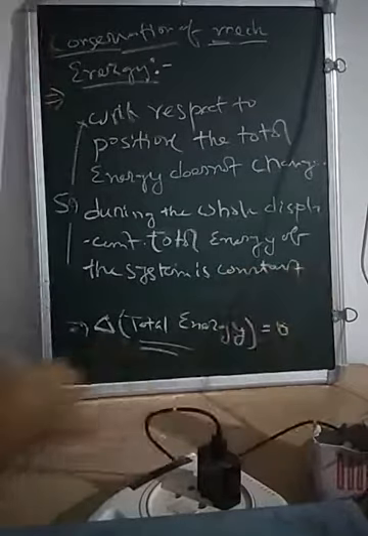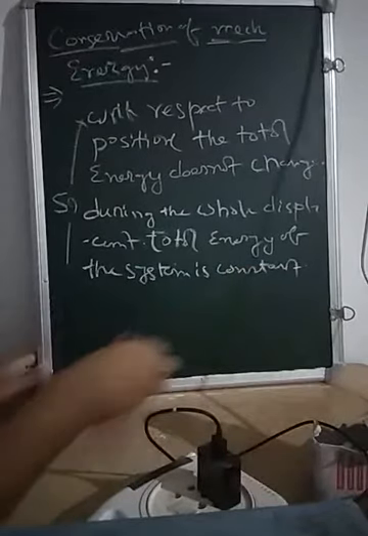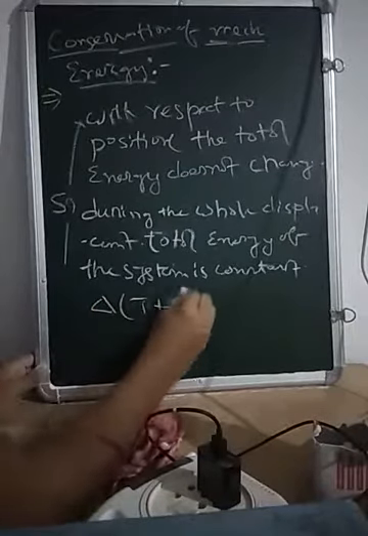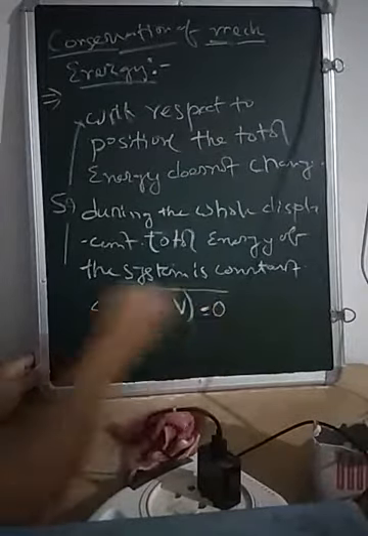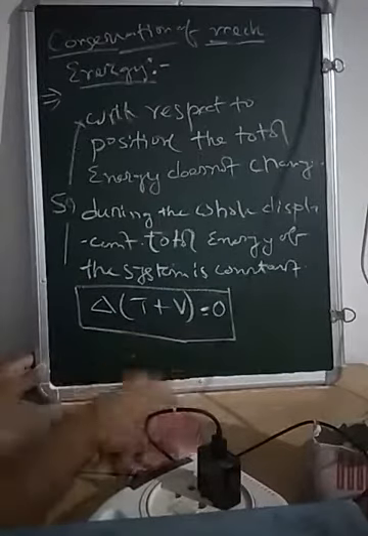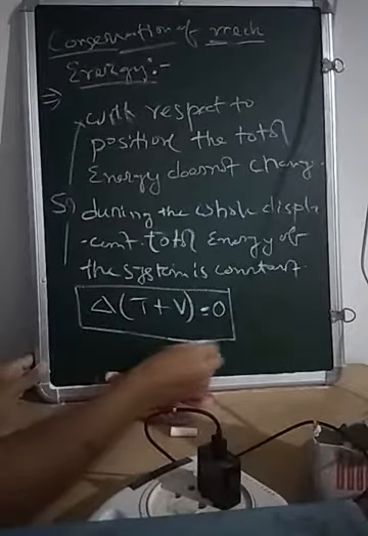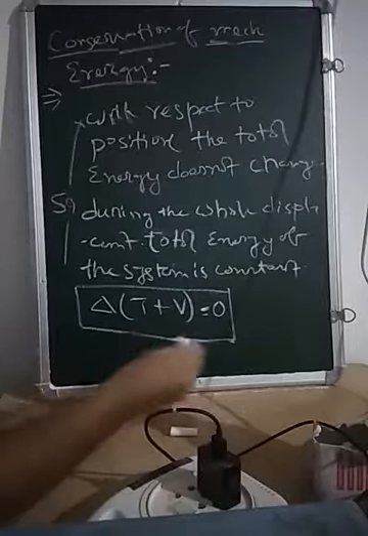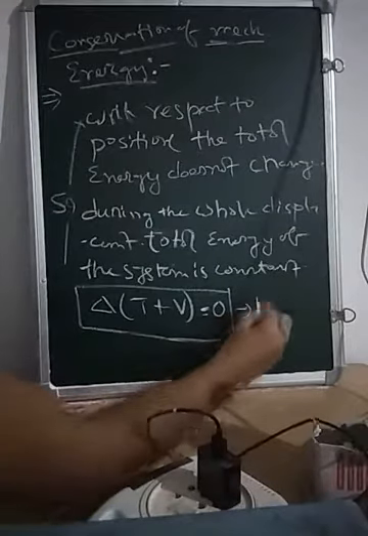You can write it mathematically as delta (T plus V) is equal to 0. That is, the change in total energy is 0, or the total energy is constant in this system. So this is nothing but the law of conservation of mechanical energy.